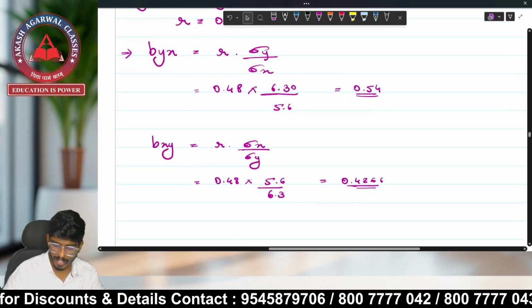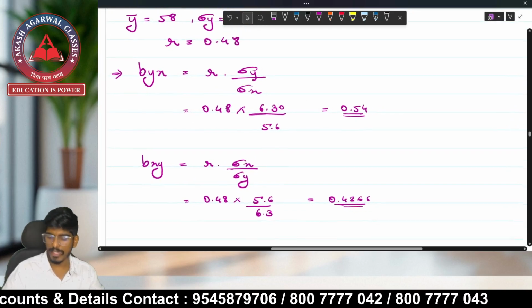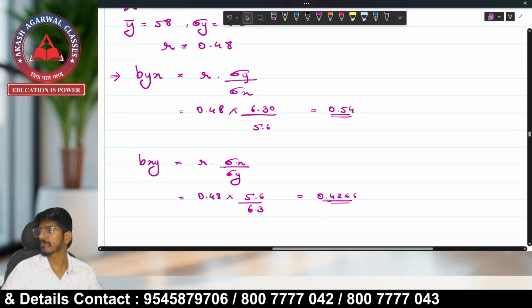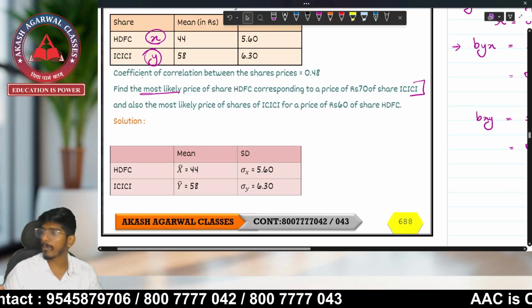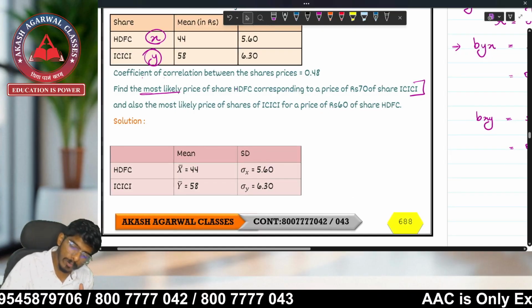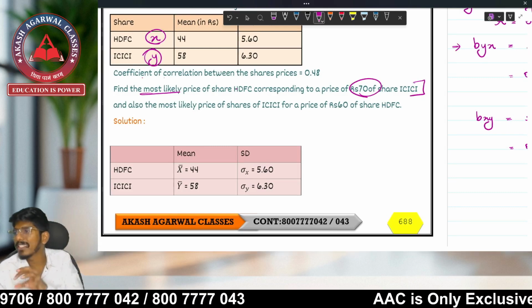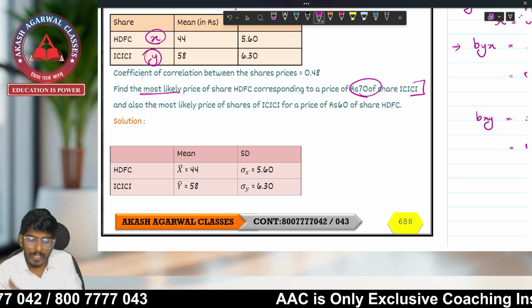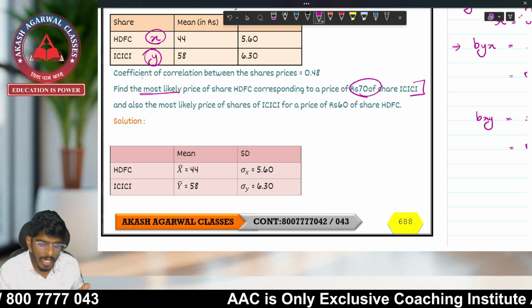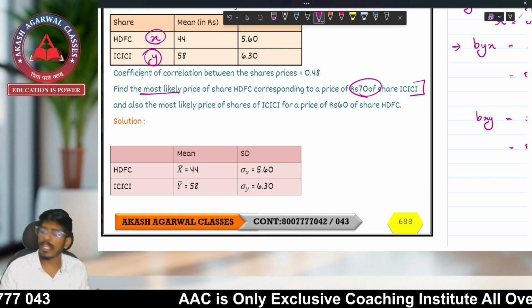Now what do we have? We have BYX and we have BXY. Now you have to understand one thing. They are asking us to prepare an equation because I need to substitute ICICI's share value and then find out, in respect to the ICICI share, HDFC's value.